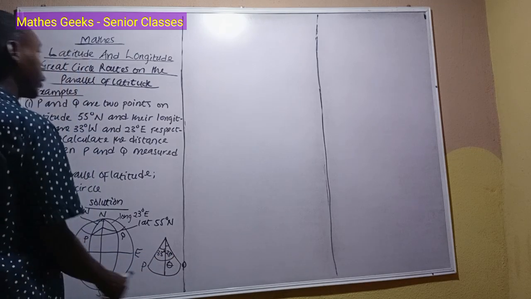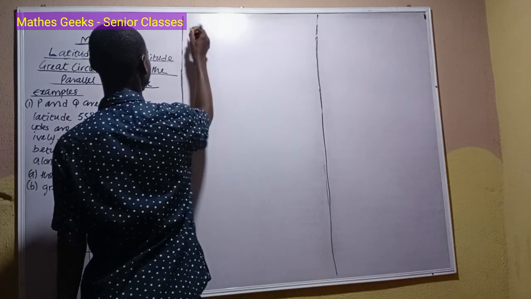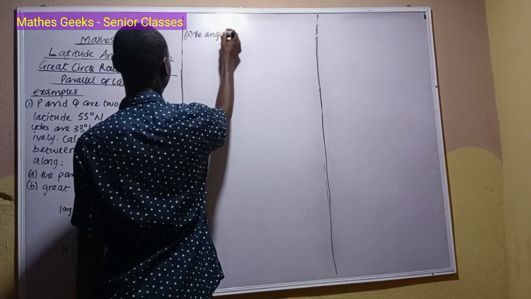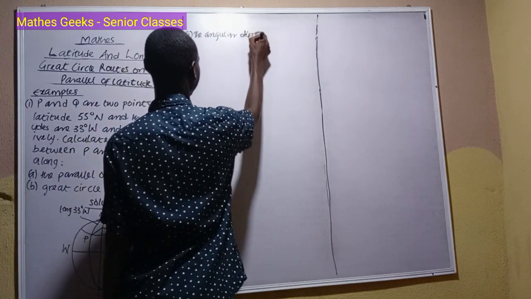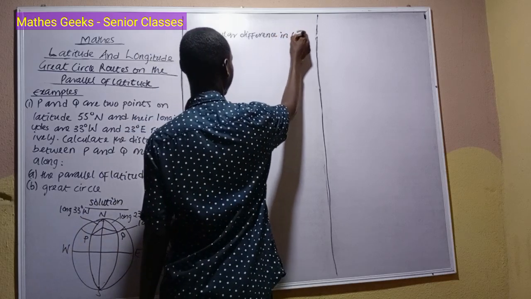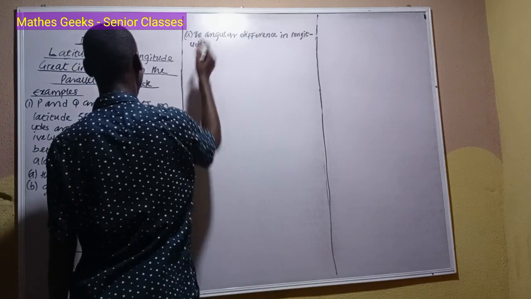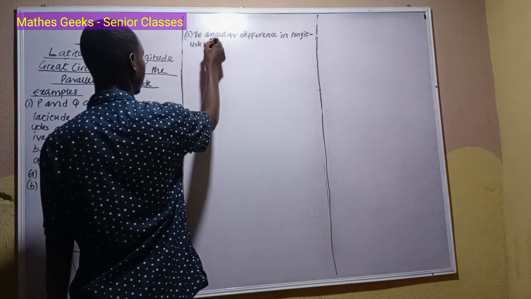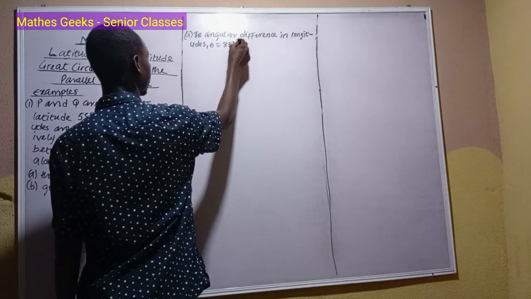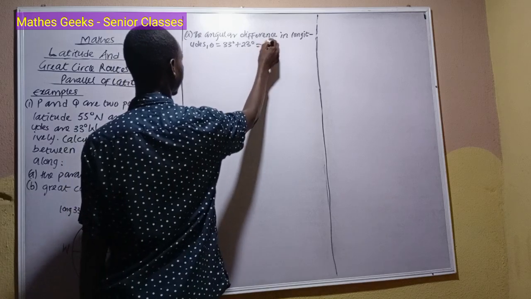The angular difference in longitude, that is theta, is equal to 33 degrees plus 23 degrees, and that will give us 56 degrees.